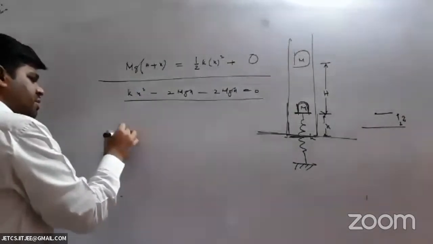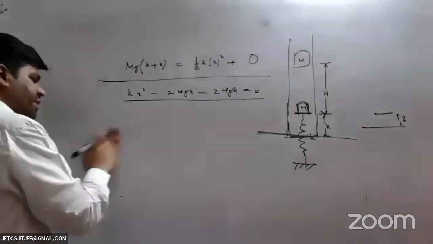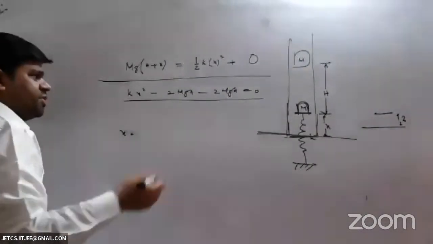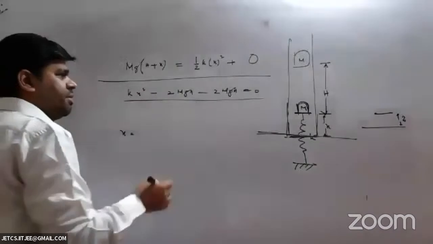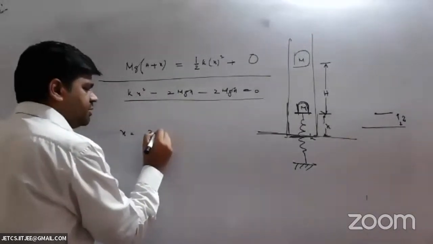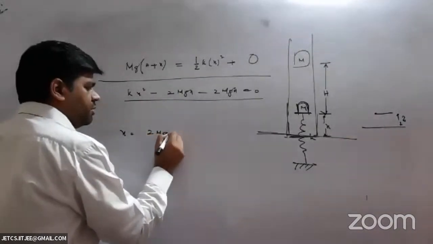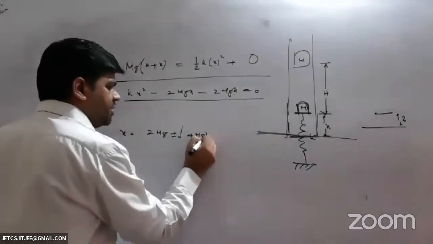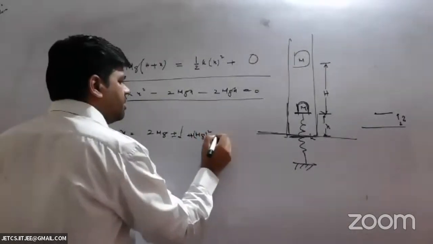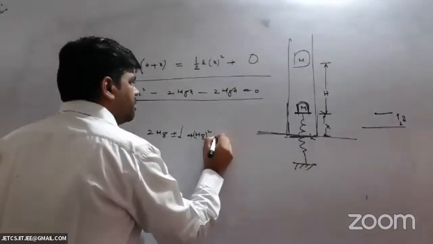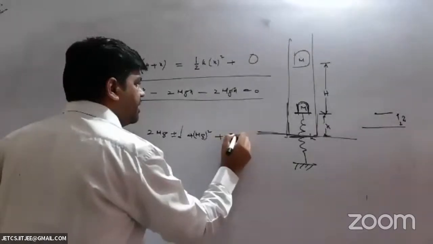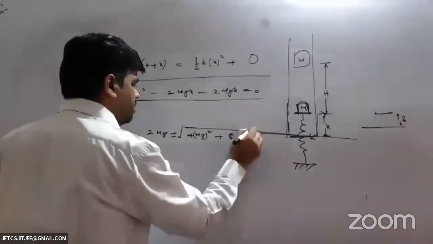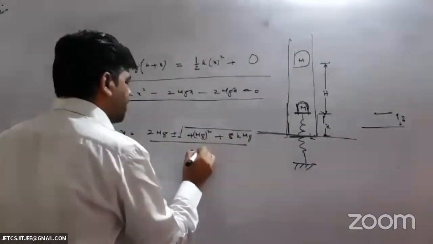How do you solve a quadratic? Either factorize it. If not factorizable, directly go for the formula: minus b plus or minus root of b square minus 4ac, by 2a. So minus b is 2mg, 2mg plus or minus root of 4m square g square plus 8kmgh, by 2k.